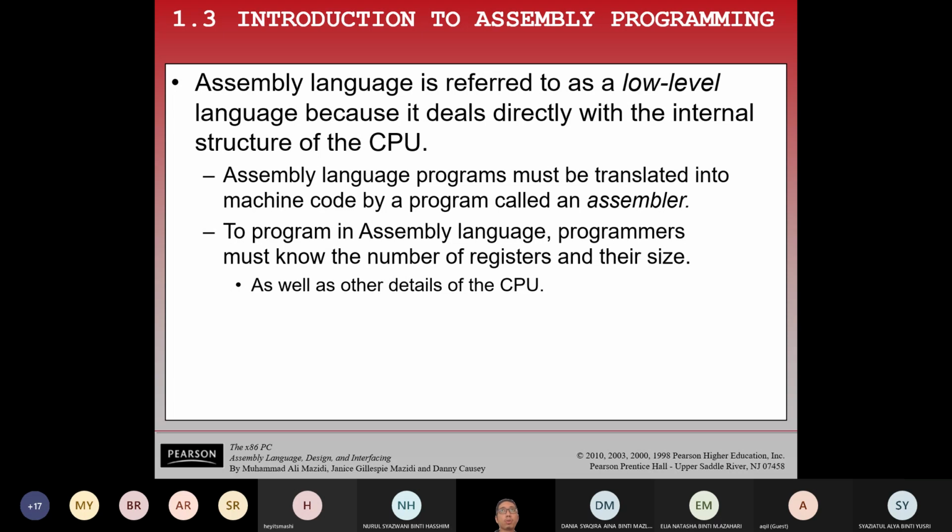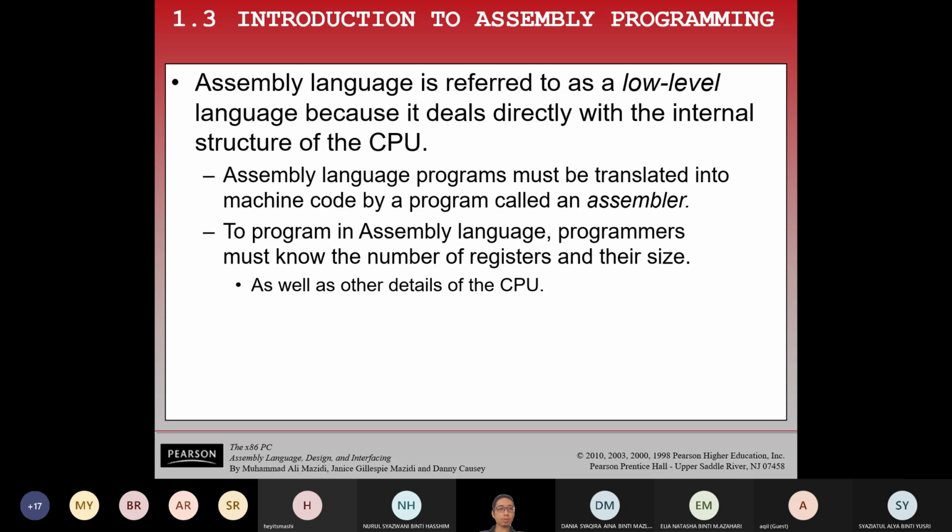When we write the code and then want to execute it, the execution is what we call compiling for the other high-level languages. But for the assembly language, we call it the assembler. So that is the difference between high-level language and low-level language.